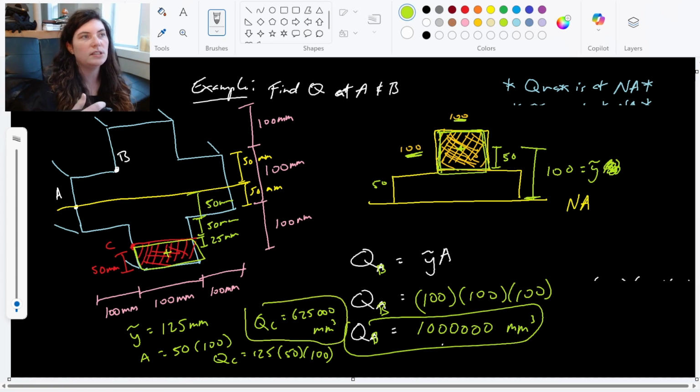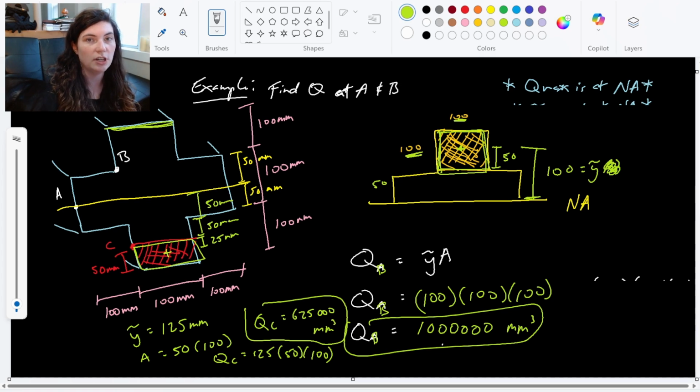We also noticed that our Q values got smaller and smaller the further we moved away from our centroidal axis. The further you go from the neutral axis, the smaller Q gets until you have 0. There's no area once you hit the very top edge here. No area means that you're not getting any Q value. No Q value means that you're not getting any shear stress.